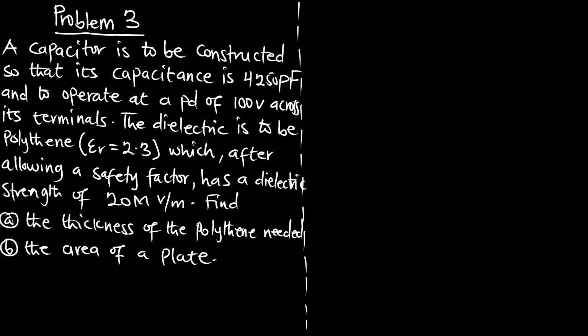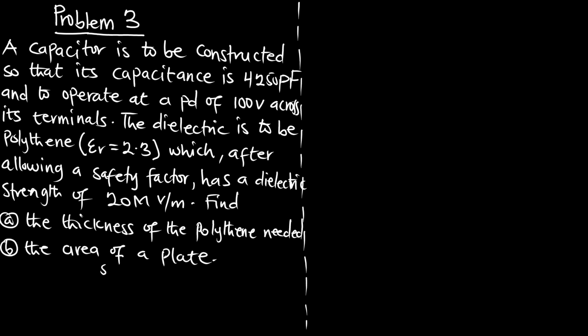The dielectric is to be polyethylene, whose relative permittivity is 2.3, which after allowing a safety factor has a dielectric strength of 20 megavolts per meter. Now find A, the thickness of the polyethylene needed, and B, the area of the plate.